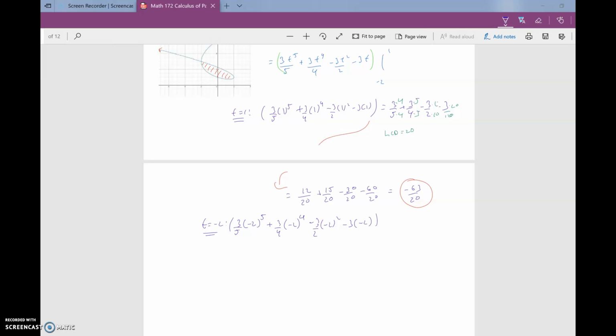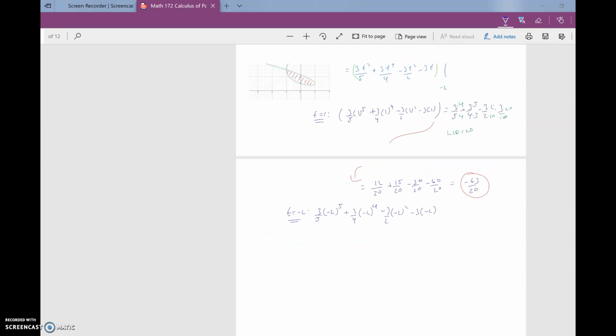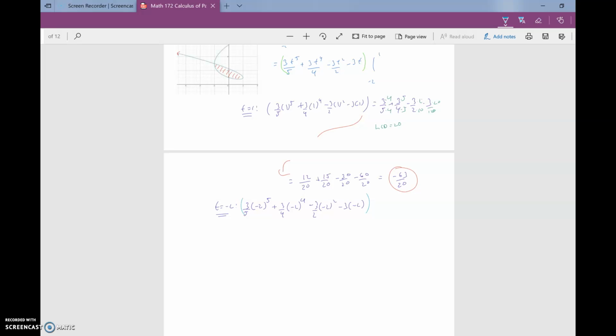And remember that this portion is the lower bound limit. Let me double check. Okay, we're good.